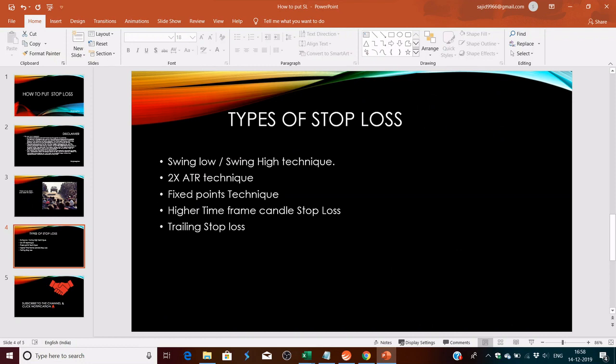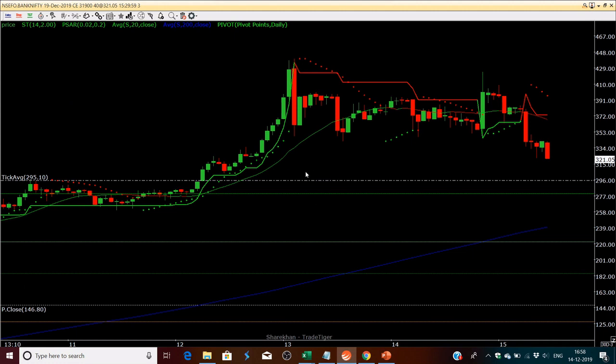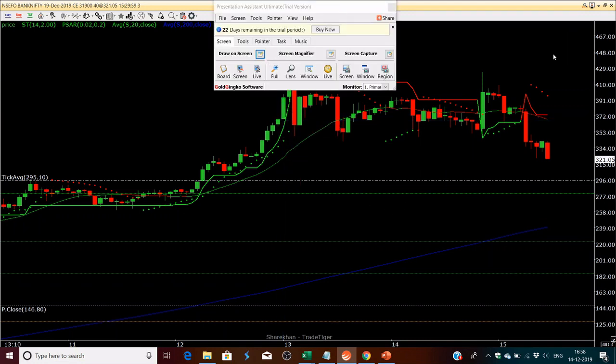Okay, so I think I have covered all the points. Trailing stop loss, as I mentioned, you have to keep shifting your stop losses to the new swing lows so that they don't get hit quickly, and only get hit if there is a change in the direction.